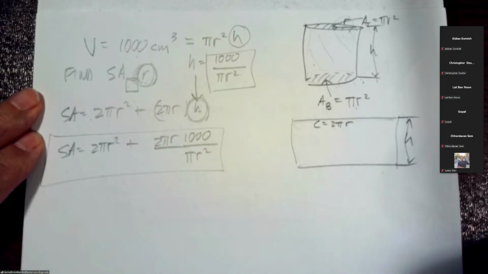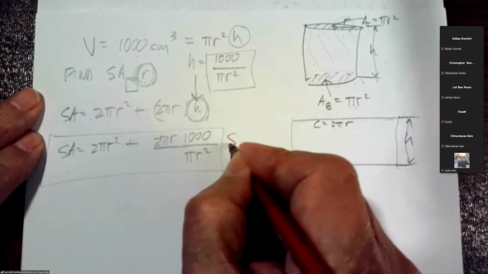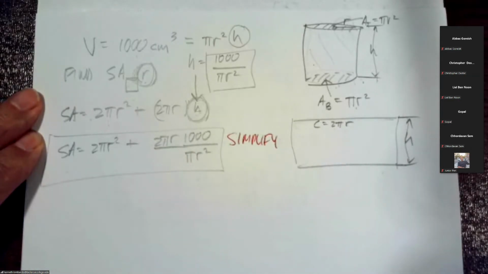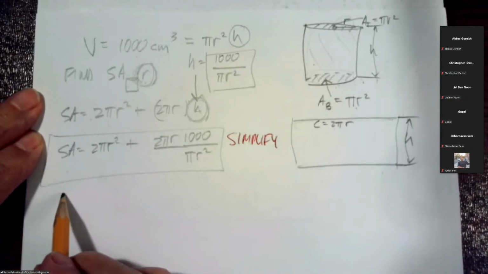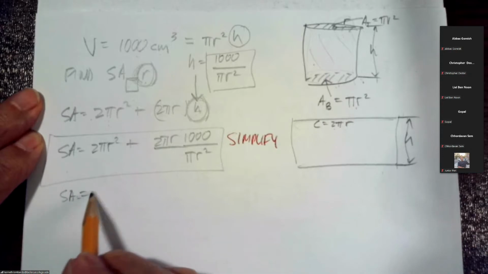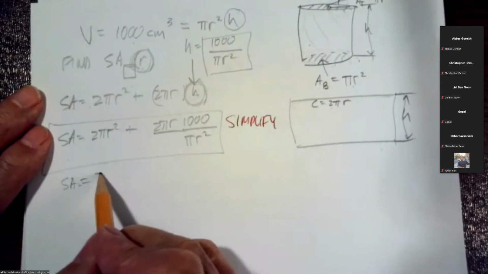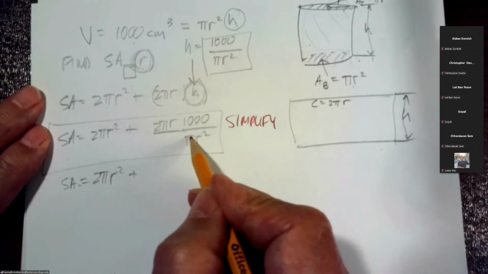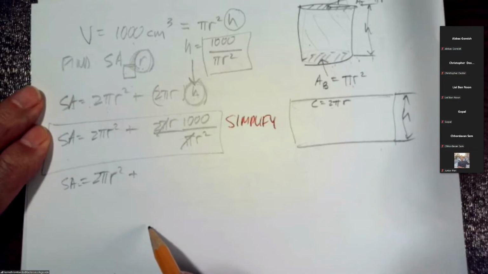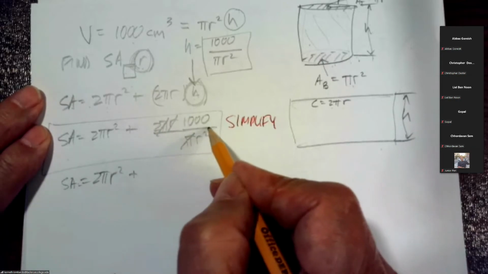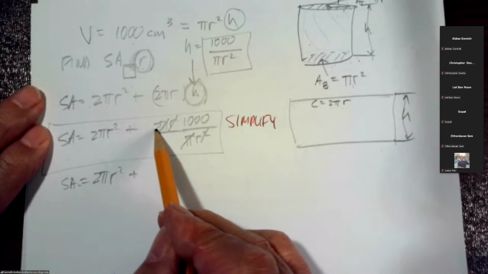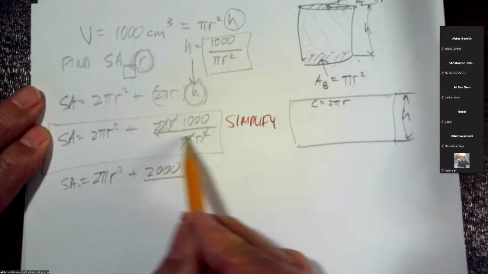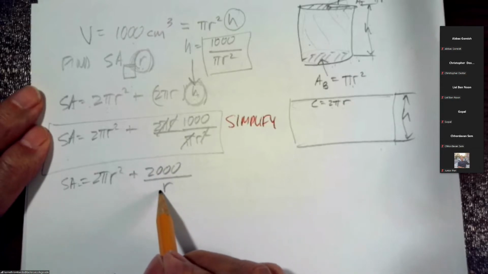And I know many of you would be tempted to stop right there, but we always have to simplify, don't we? So surface area equals 2 pi r squared plus, let's see, that pi will cancel that pi, and that r will cancel a square. 2 times 1,000 is 2,000 over what's remaining there, I guess, just r.